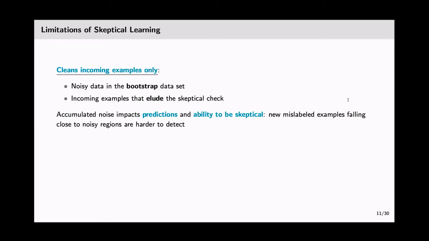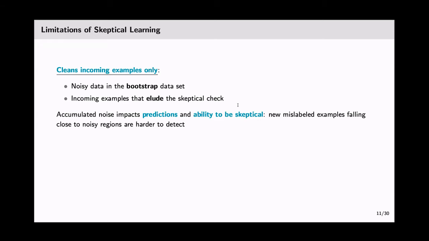And the model doesn't have the opportunity to clean this data. So this noisy example remains in your training set forever, and you don't have the opportunity to clean it.